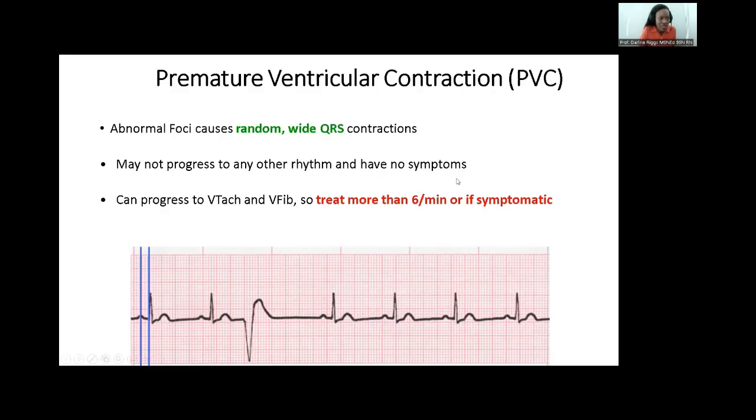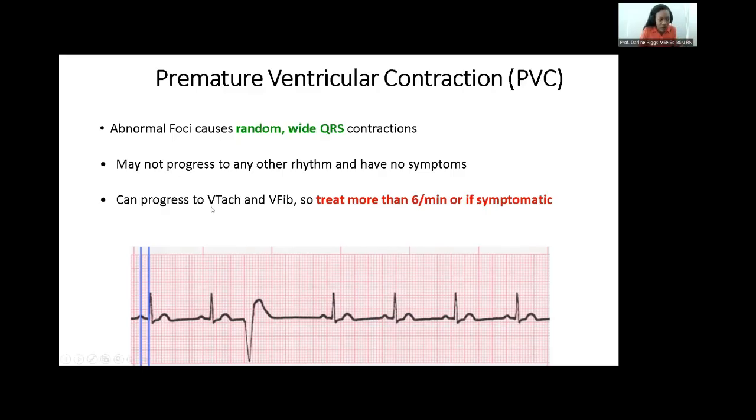So this could be nothing. Often patients don't even have any symptoms, but it does need to be monitored, okay? So it may not progress to anything, but it could be something. So this requires monitoring because it could progress, right? Premature, hence the name, PVCs, premature ventricular contraction. So prematurely, before they should, these clients are having these ventricular contractions.